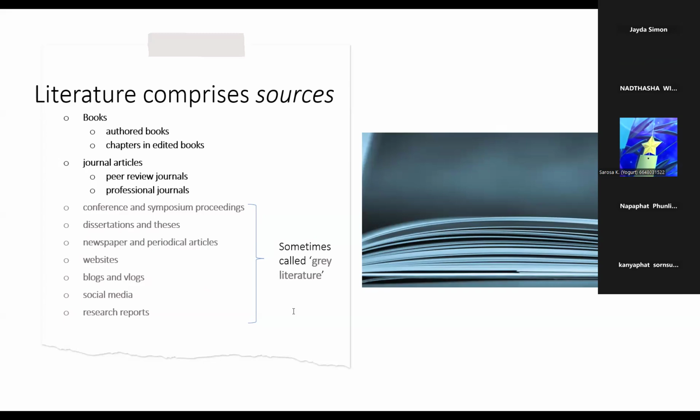So if you ask me directly what kind of literature is suitable for you when doing academic research, I will say books, journal articles, conference and symposium proceedings, research reports, right?